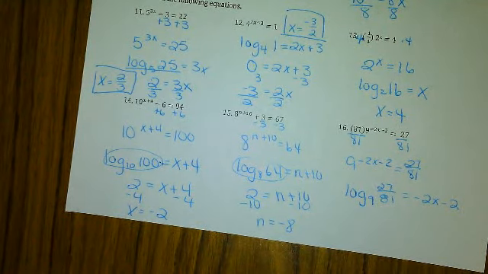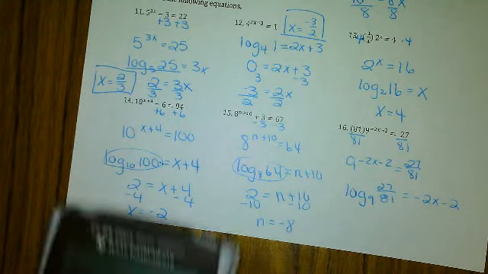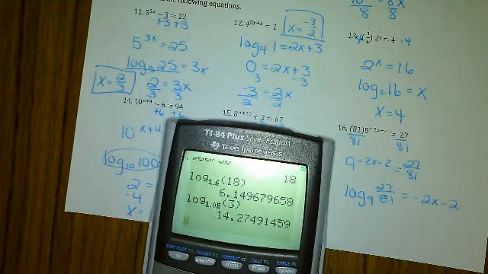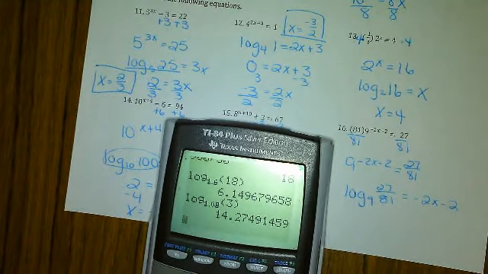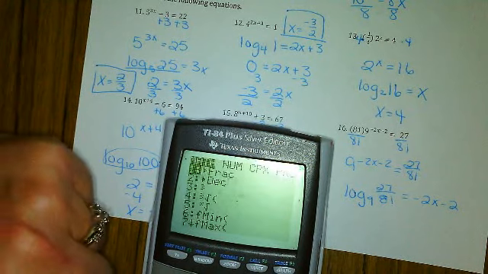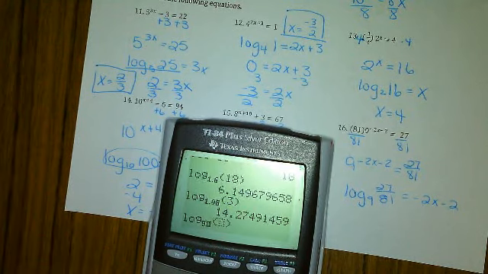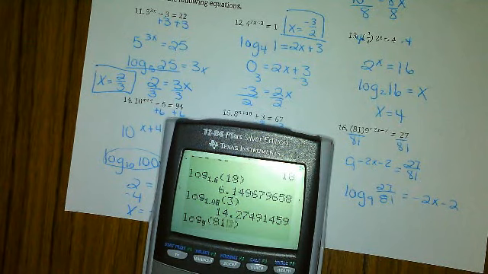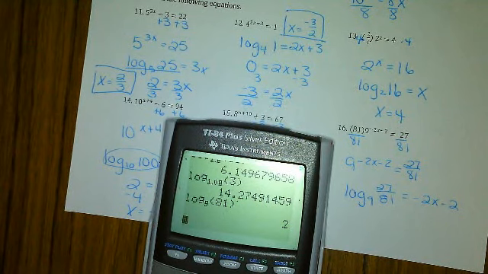Okay, so I gotta think, 9 to what power would give me 27? On that one there, I'm actually gonna use my calculator. So I'm gonna have the 9 and the 81. I want you to see this, and see how it came up.